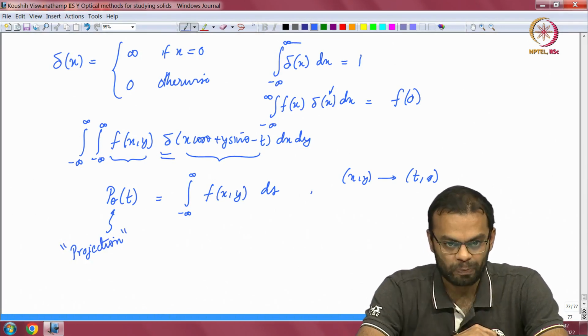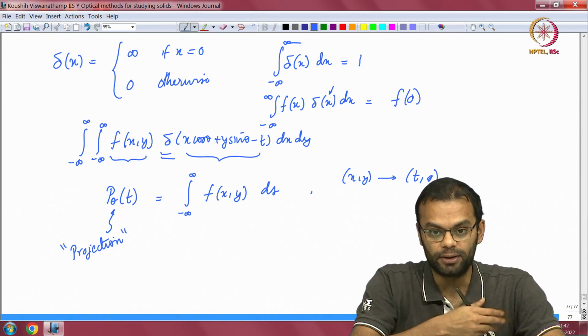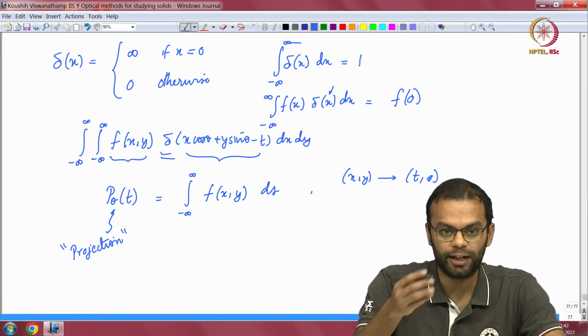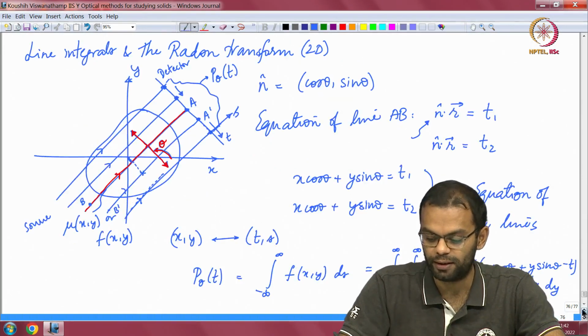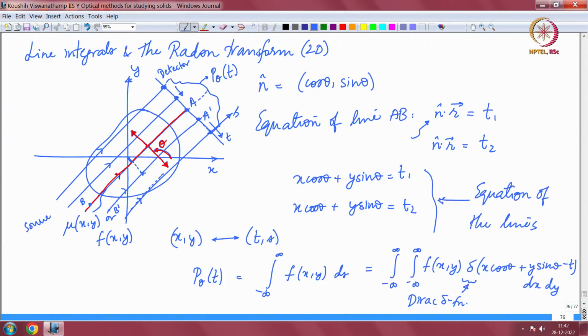Okay. This particular integral does not have s in it because s is integrated out, but it is a function of t, right, because depending on which line you take you will get different values of the projection, and just like if you look at the earlier schematic, the value here at t1 is different from the value here at t2 and so on, right.